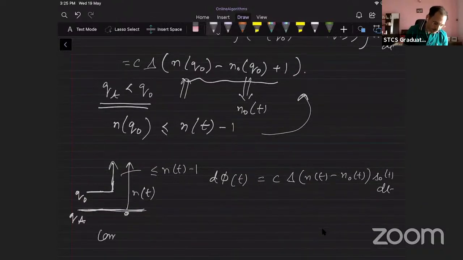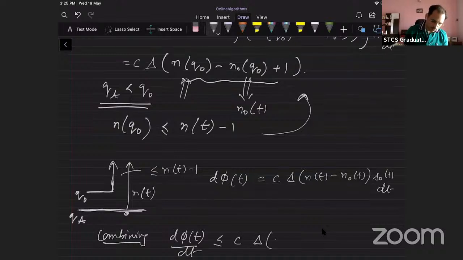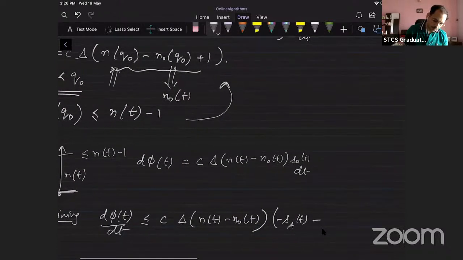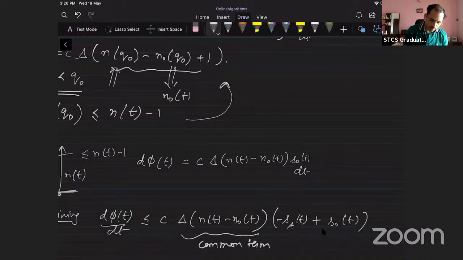So combining the contribution from both the algorithm and the OPT, what we get, d phi by dt, just moving this t here, is at most c times delta of n t minus n0 t minus sa t plus s0 t. So this is a common term to both of them. And this is the speed of the algorithm, this is the speed of the OPT.